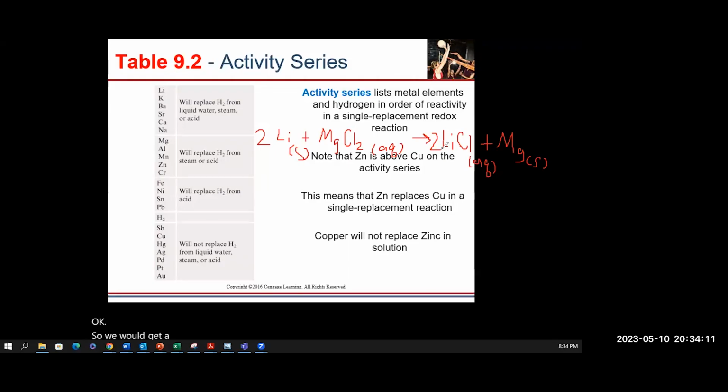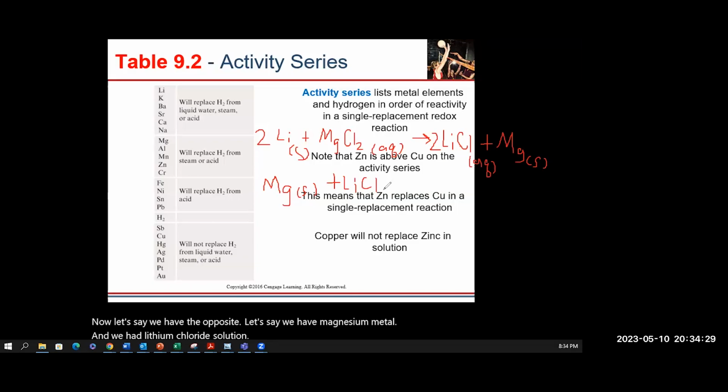Now let's say we had the opposite: magnesium metal and lithium chloride solution. This would give us no reaction.